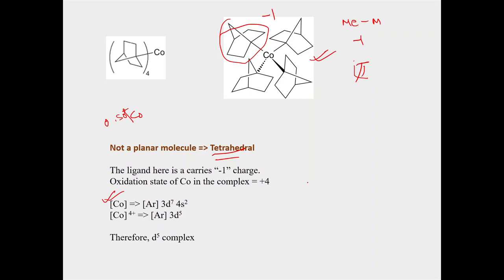So X plus 4 into -1 is equal to 0, or X minus 4 is 0, and X is equal to +4. So here cobalt is present in +4 oxidation state. Now +4 oxidation state means what? From d7s2, 4 electrons will be gone, so it will be a d5 complex.